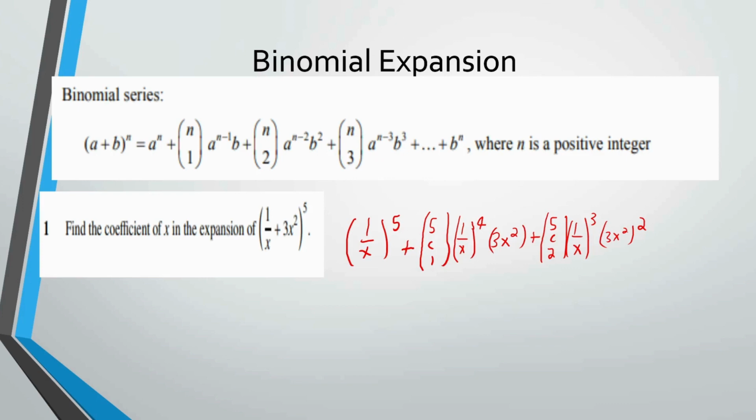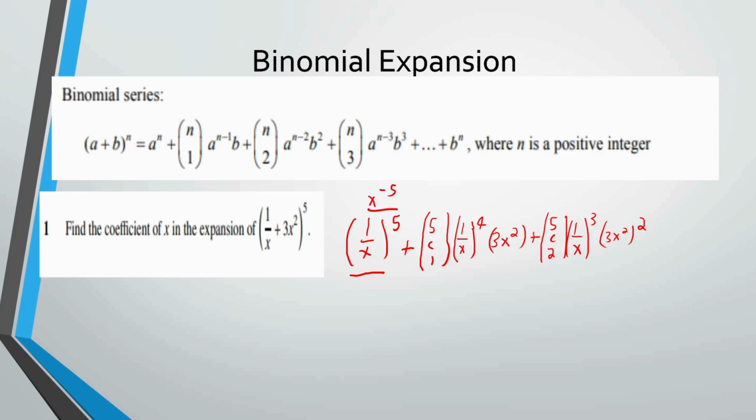Now let's see if we can find the coefficient of x by using this. We are going to ignore 5C1 and 5C2 for now. Let's see where we can get the coefficient of x. In the first term we have 1 over x to the power of 5. This means that I will have the term x to the power of minus 5, which is not x.